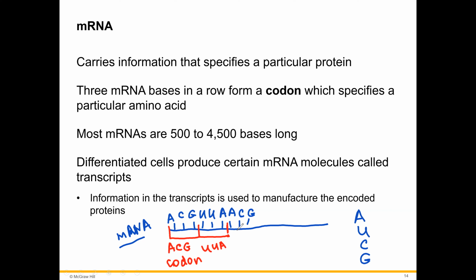That's another codon. And this is another codon, ACG. And so on. So these 3 mRNA bases in a row are called a codon, and each codon codes for a specific amino acid.